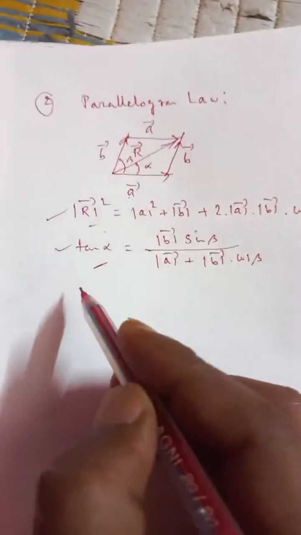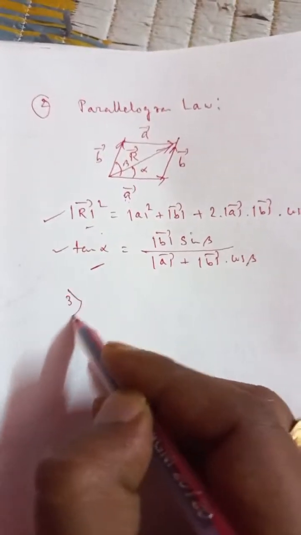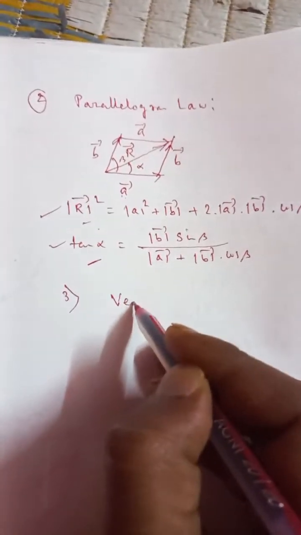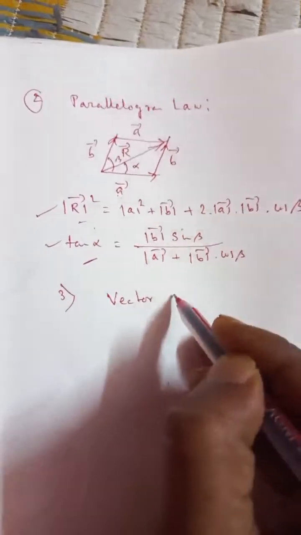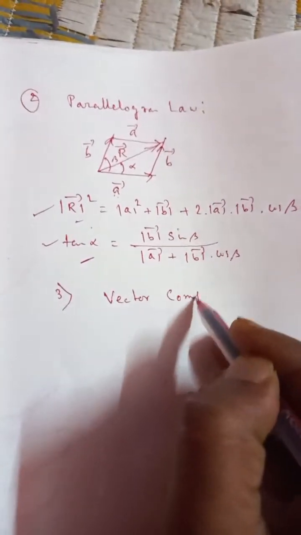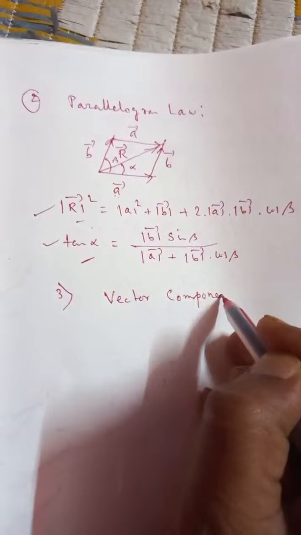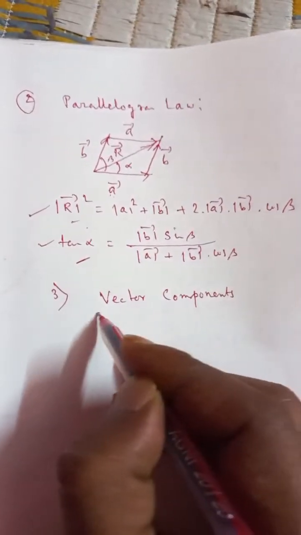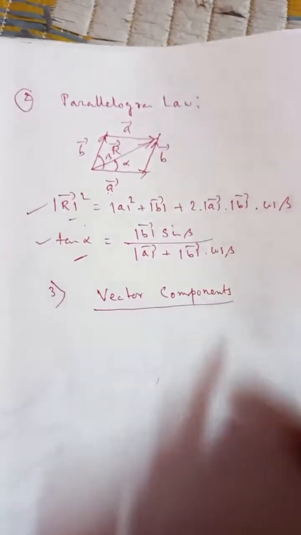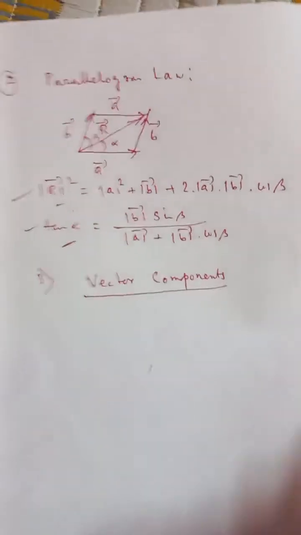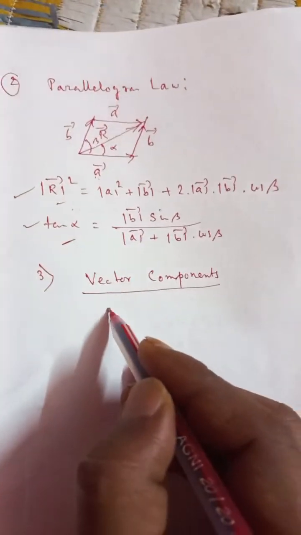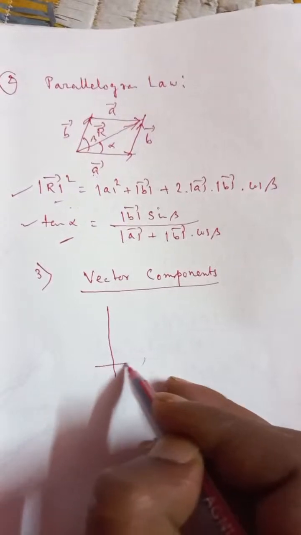Now, after the vector components, let's see how a vector can be resolved into two vectors. So let's see, this is a Cartesian plane.